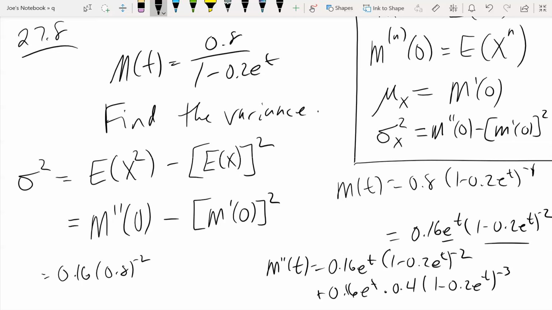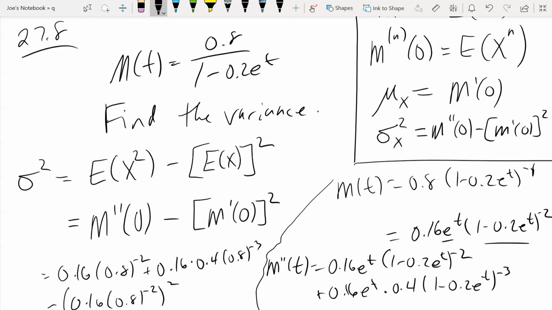And then the second part will be 0.16 times 0.4 times 0.8 to the -3. And then I've got to subtract off what I get when I put 0 into the first derivative and square it. So that'll be 0.16 times 0.8 to the -2, squared.